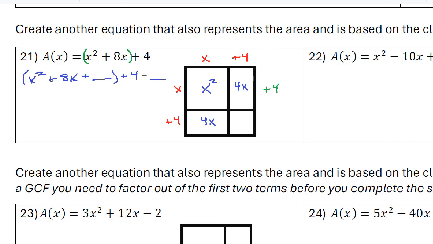The question is, what number do I have to add here to make it a perfect square? Now notice, class, everything in here, I'm going to change the color of this just so you see that all these numbers in dark blue all came from my original equation. I haven't added or changed anything yet.